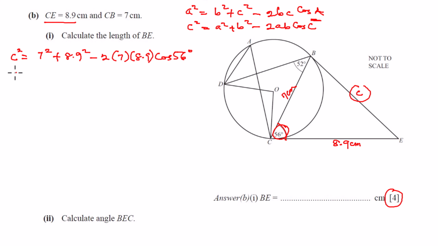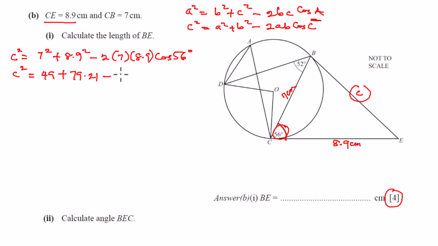So let's go ahead and punch some values into the calculator. So this is 49 plus 8.9 squared, which is 79.21. 79.21 minus, that's going to give me 14 times 8.9.